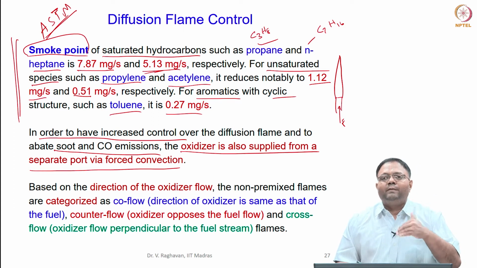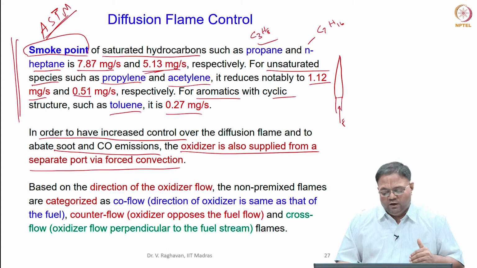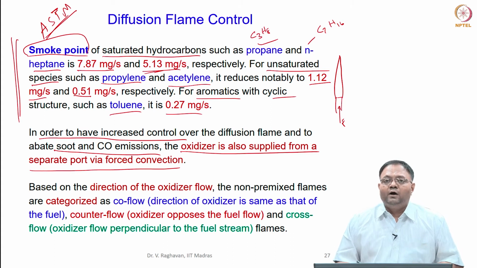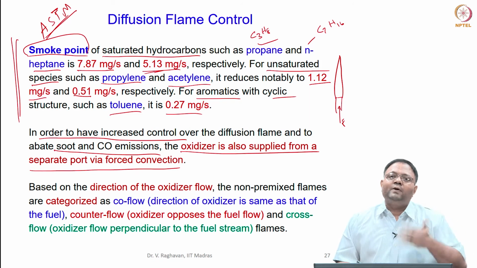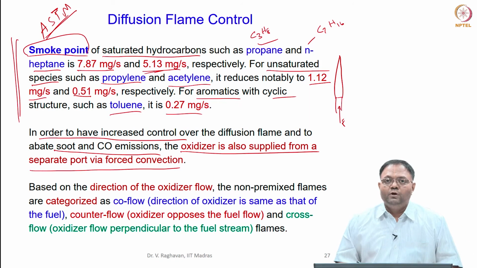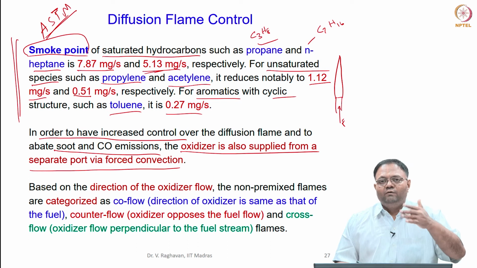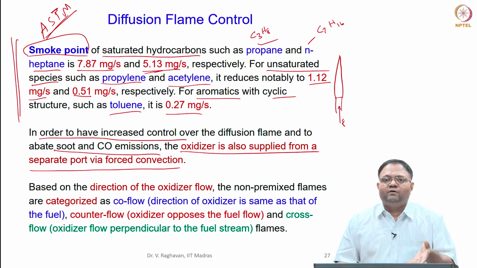So that will be the primary aeration which we do. Because if you have a mixture of fuel and primary air which is flammable, then flashback instability will also come into play, because the flame will ignite and can flash back when the flow rate of the fuel and primary air is low.